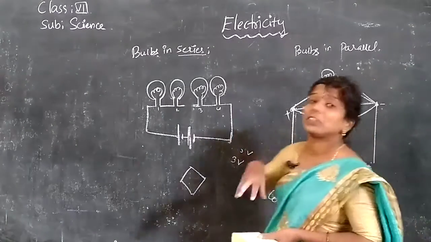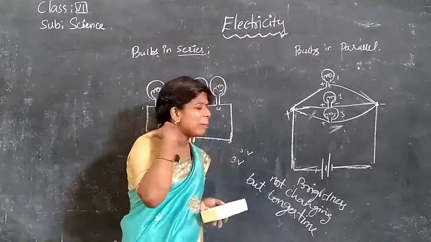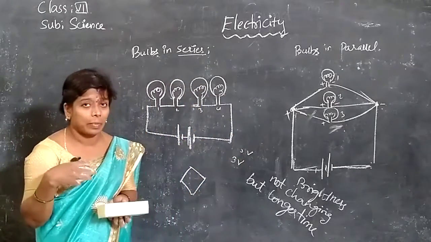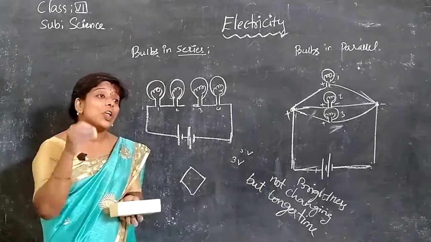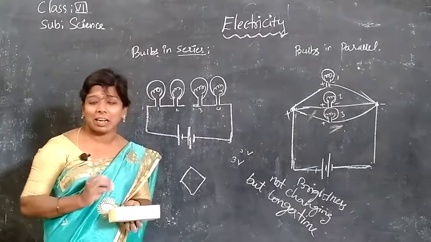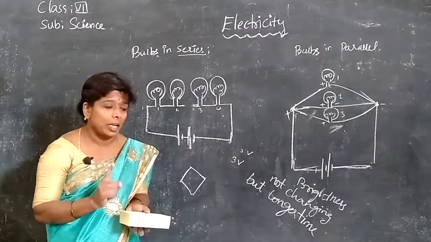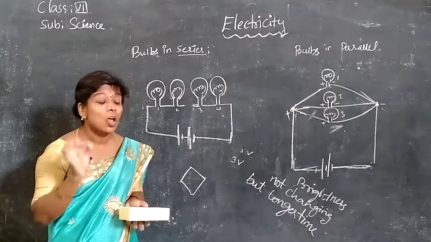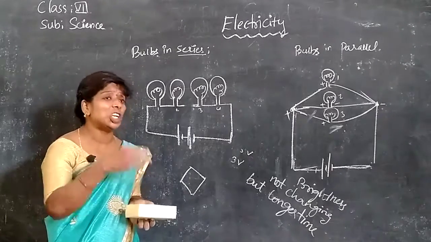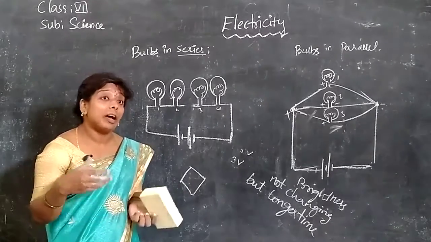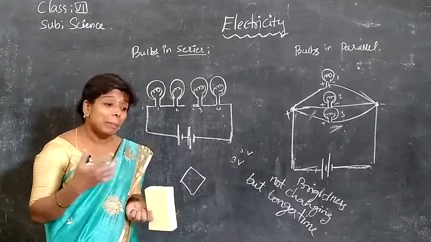And observe the concept. In your houses you find many electrical devices. Are you staying in only one room? No. Hall, bedroom, kitchen, double bedroom, L-shaped hall, many rooms are there.